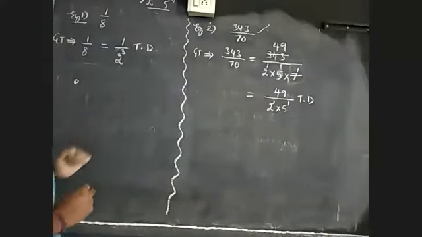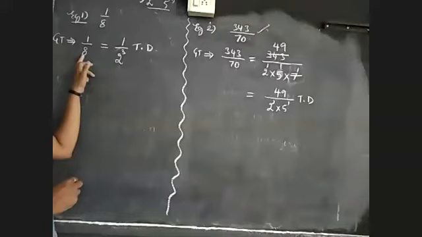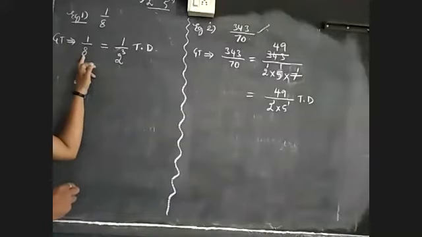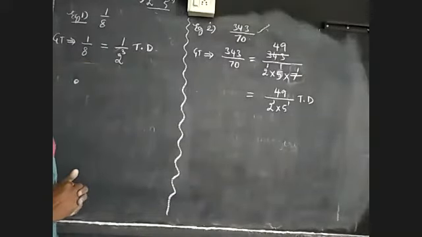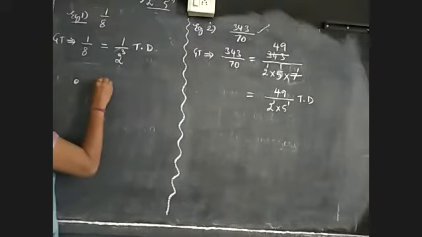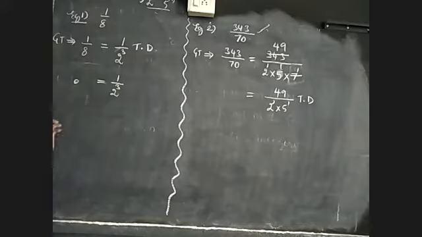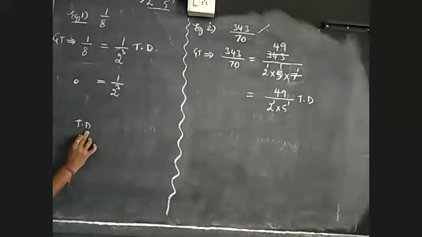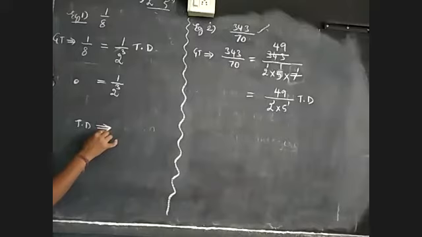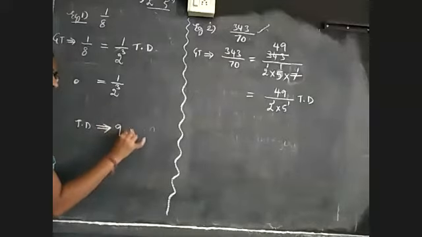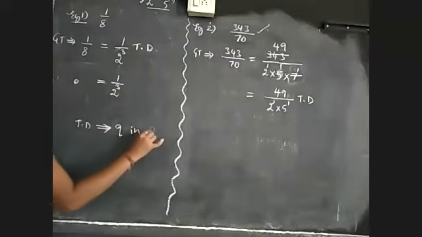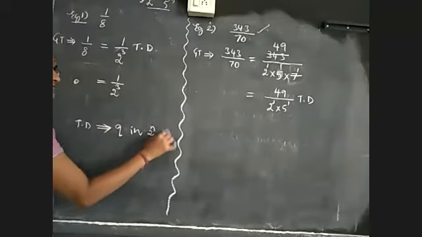Let us try to write down now its decimal value. 1 by 8, decimal value without performing the actual division. So I got here 1 by 2 cube. Clearly we discussed in the theorem to define the terminating decimal. The theorem says that the prime factorization of Q is in the form of 2 power n, 5 power m.